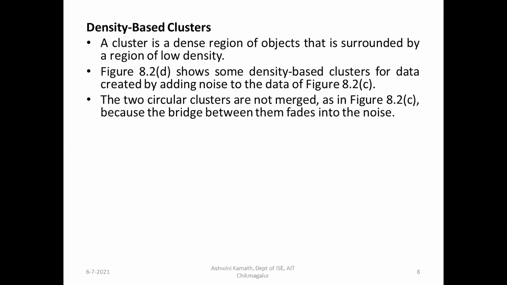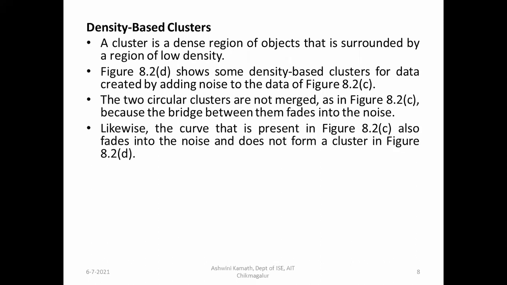The number of points in that line is very less. We have a single line of points, so that will be considered as noise and will not be added to the cluster, and the bridge between them fades into the noise. Likewise, the curve that is present in figure 8.2c also fades into the noise and does not form a cluster in figure 8.2d.